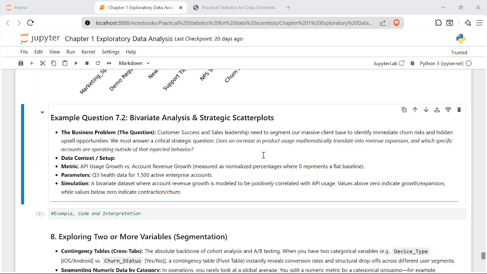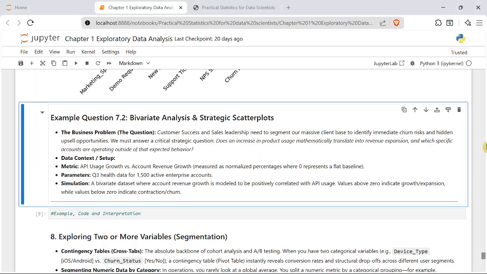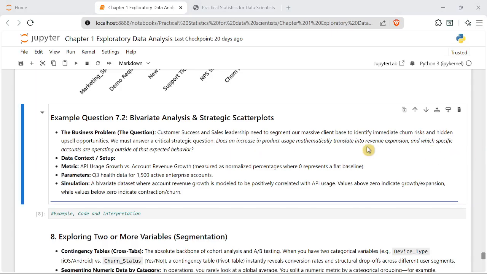To figure this out, we are going to jump into Python and analyze Q3 health data of 1500 active enterprise accounts. Because this is a bivariate analysis, we are comparing two specific metrics side by side: API usage growth versus account revenue growth. Both metrics are measured as normalized percentages.